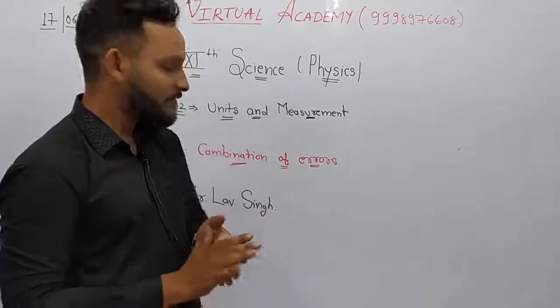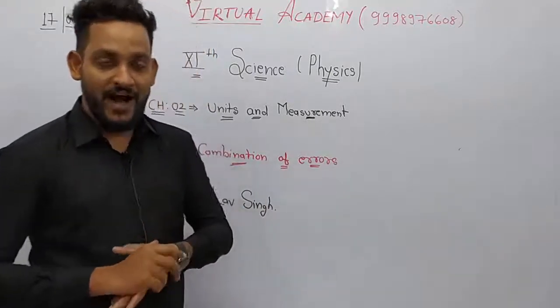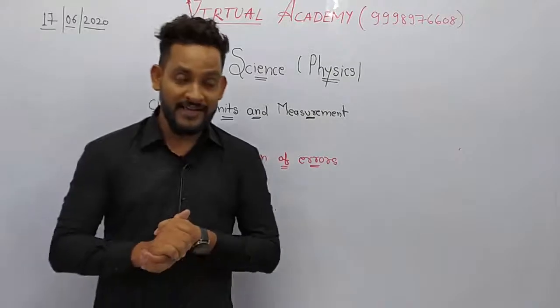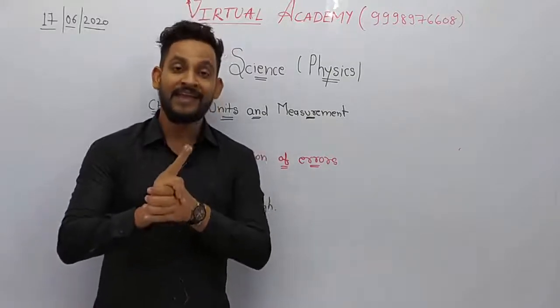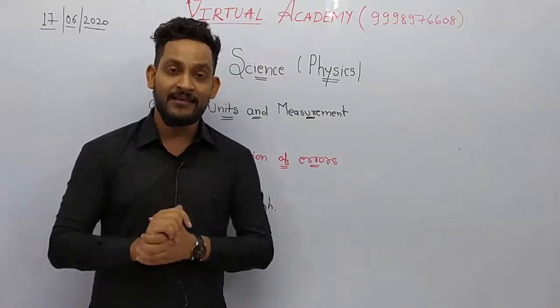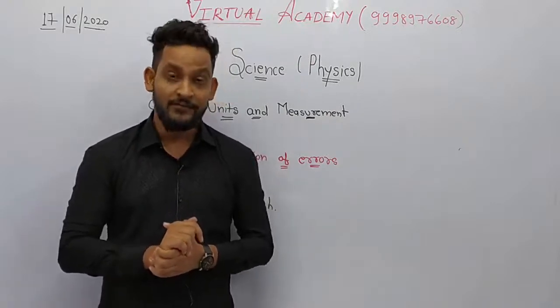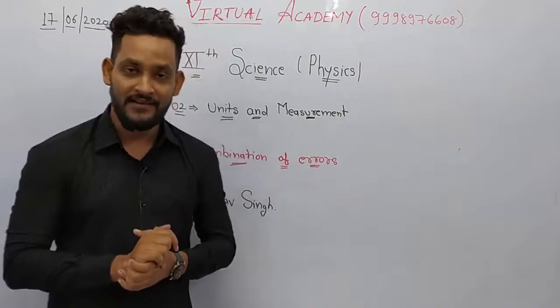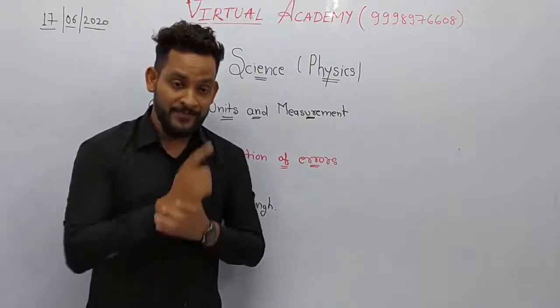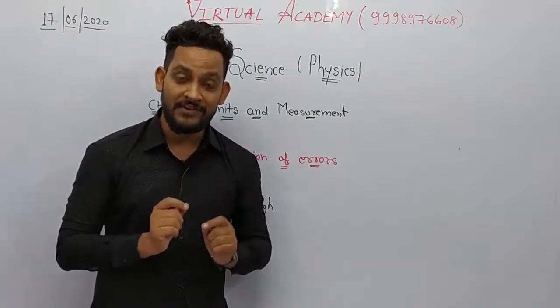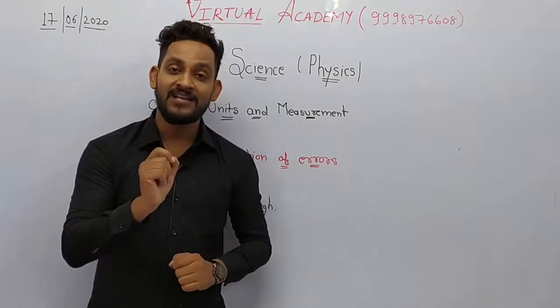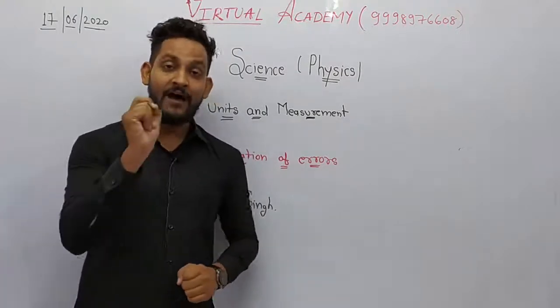So basically, starting the lecture, we have to take an example. There are two things, A and B. They are not real physical quantities, but we are supposing that A and B are physical quantities, and after the measurement of those quantities, error arises.